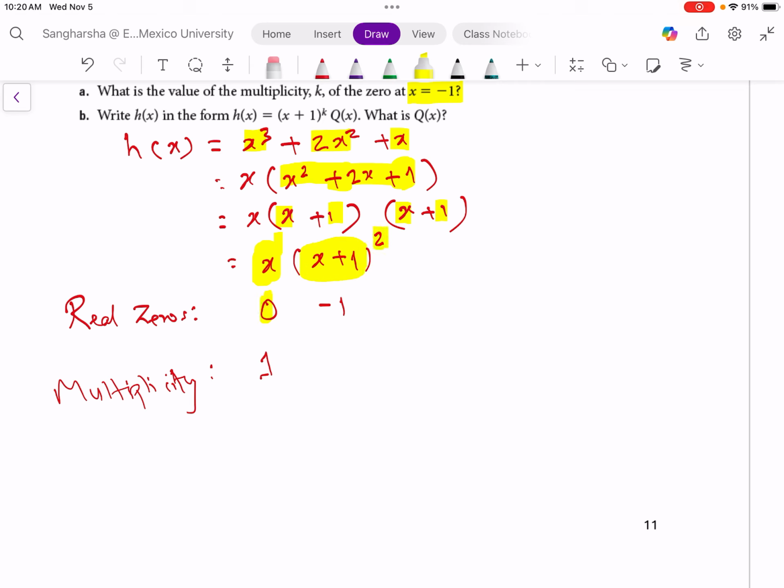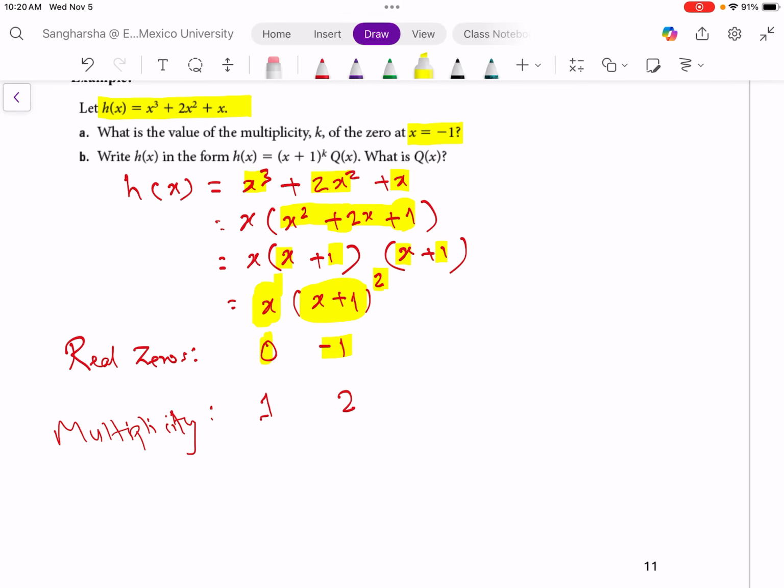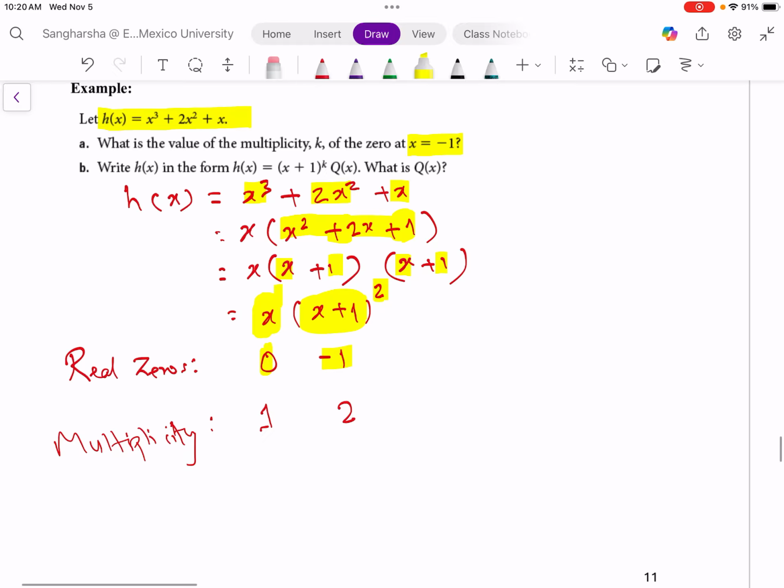So 2 is the multiplicity for the zero -1. That answers our part A. What is the value of k for the zero x equals -1? When our real zero is -1, our multiplicity is 2. So our k is 2.